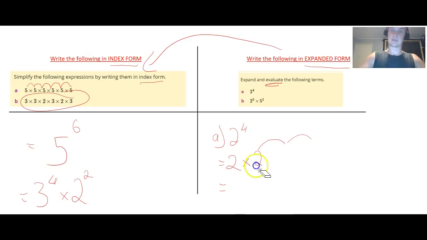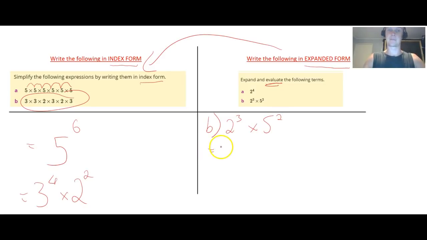We'll do B as our final example, and then you can start doing some work on your own. We've got 2 to the power of 3 times 5 to the power of 2, or 5 squared. Write it in expanded form first: 2 times 2 times 2 times 5 times 5.